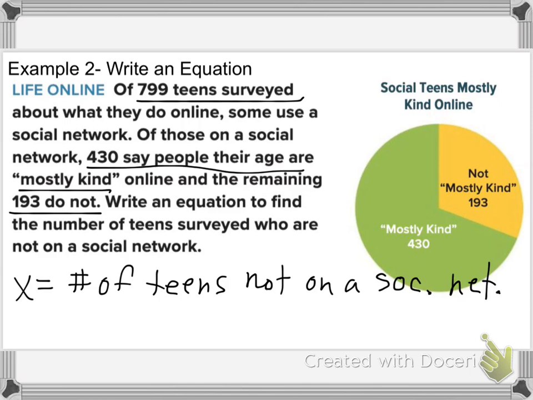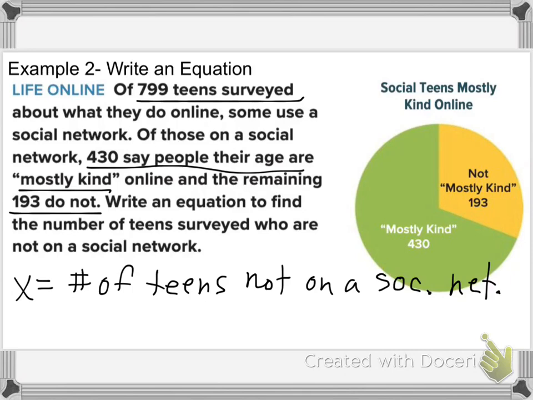So what's the relationship between this 430 and this 193? What's the relationship between the 430 people and the 193 people that it's talking about? They're all online, right? Or they use a social network, right?